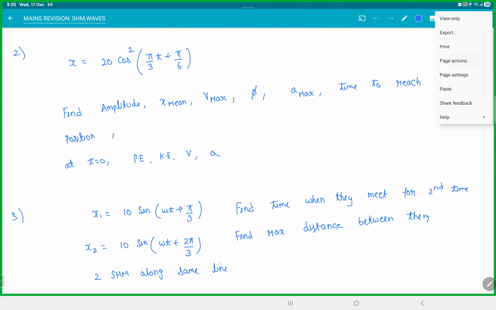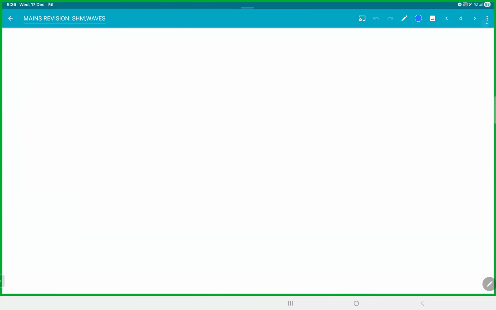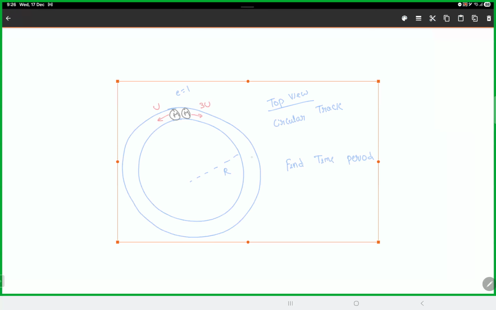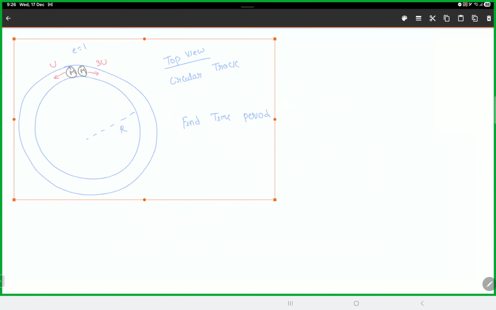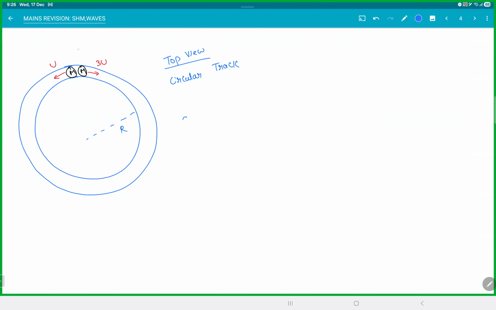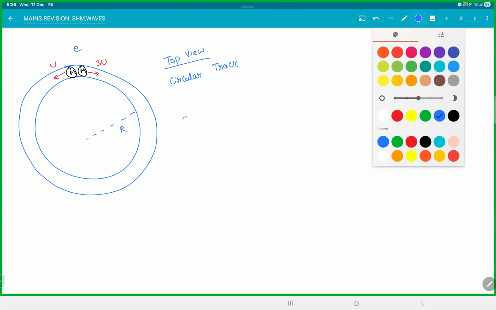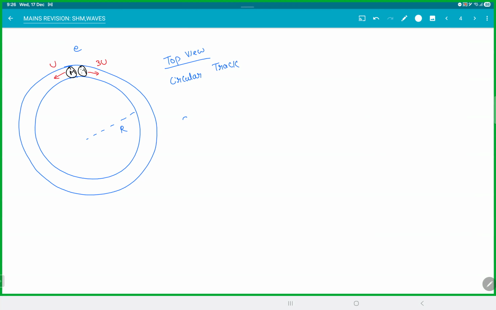Same question. Let me ask you one more. Let's say E is not equal to 1. E is E only. Okay? And these masses are also not same. Let's say this mass is M and this mass is 2M. Velocities are U and 3U.